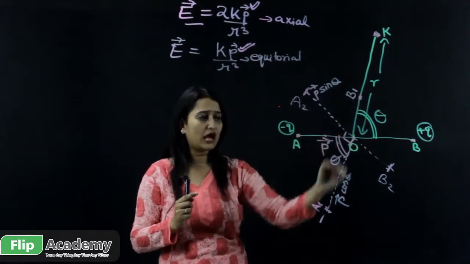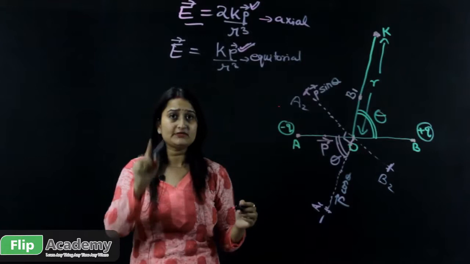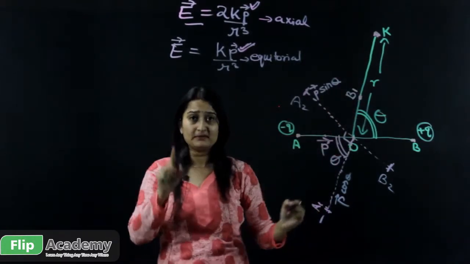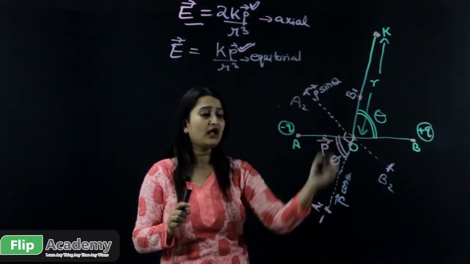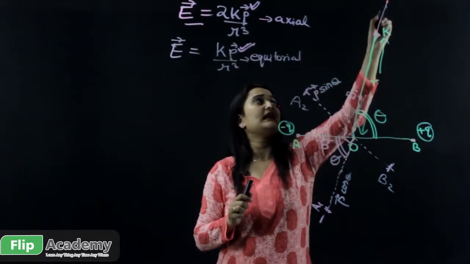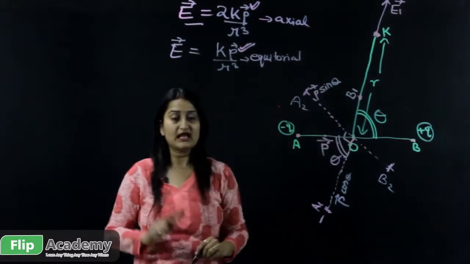A1 and B1 now turns into the axial line for point K. That is, point K now lies on the axial line of the A1, B1 electric dipole. In that condition, it produces the resultant electric field at point K, which is represented by the vector E1.